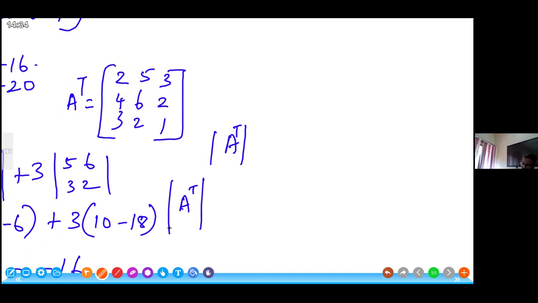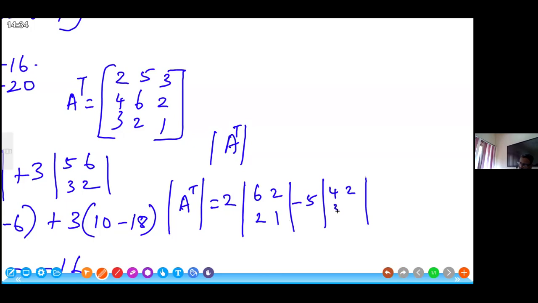Determinant of A transpose is given as 2 into cofactor of 6, 2, 2, 1, minus 5 into cofactor of 4, 2, 3, 1, plus 3 into cofactor of 4, 6, 3, 2.